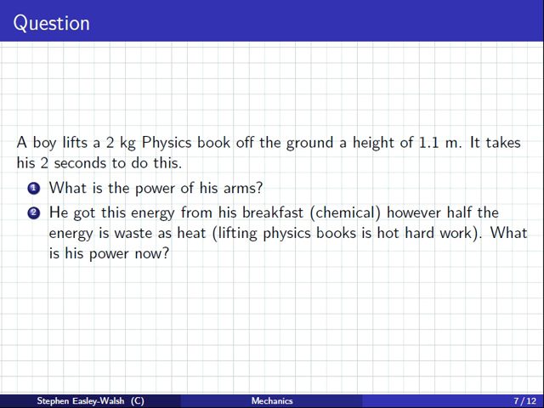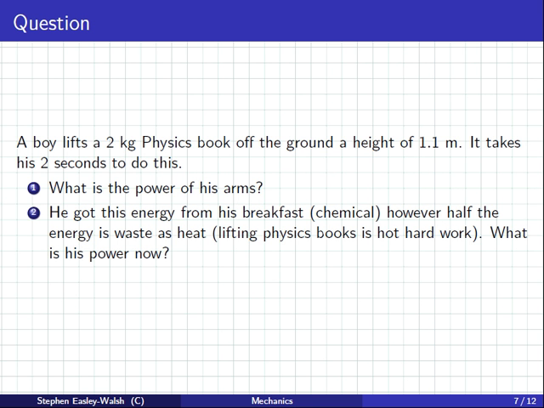Or another way to think about it is, he is given the book potential energy. Isn't he? The book is initially on the ground. How much potential energy does it have? 0. When you raise it, now it has potential energy. Where did it get that energy from? From his arms, yeah. So, I would say for this one you could use the formula mgh over t.